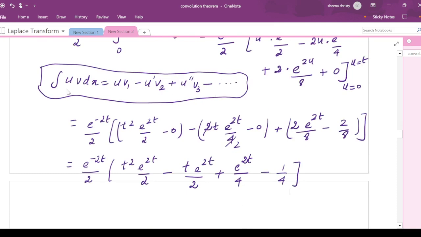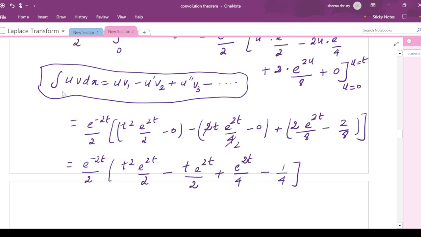Here we have used Bernoulli's formula. You have to choose the function which gets terminated while doing the differentiation. If the term you are choosing for u does not get terminated, you can't apply this formula.